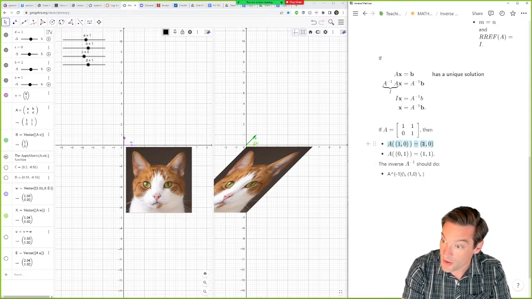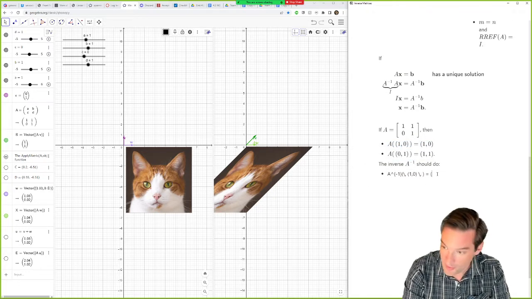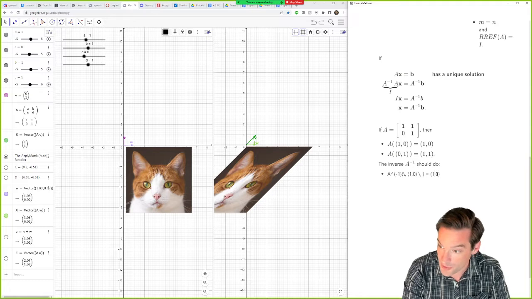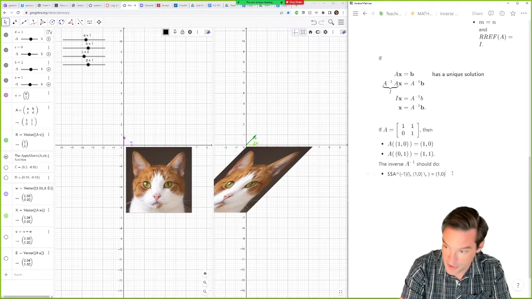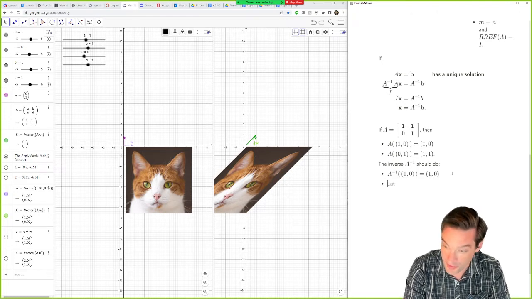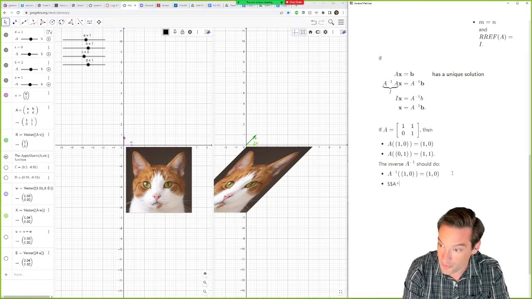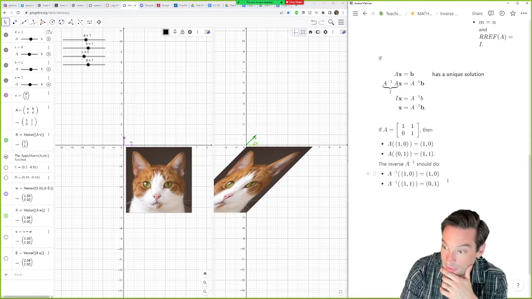So it needs to send this 1, 0 to the 1, 0 that it came from when we applied the linear transformation. So A inverse of 1, 0 should be 1, 0, because A of 1, 0 was 1, 0. So we just need to do backwards whatever the original transformation did. And so that means also that A inverse of 1, 1 has to equal 0, 1.